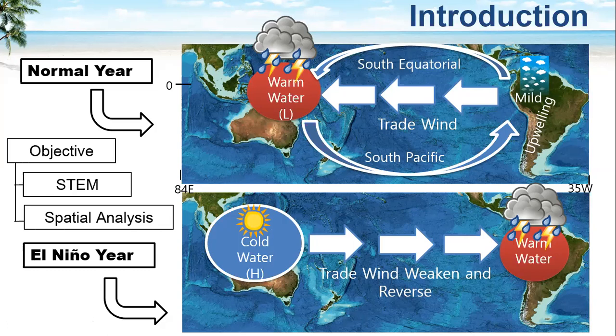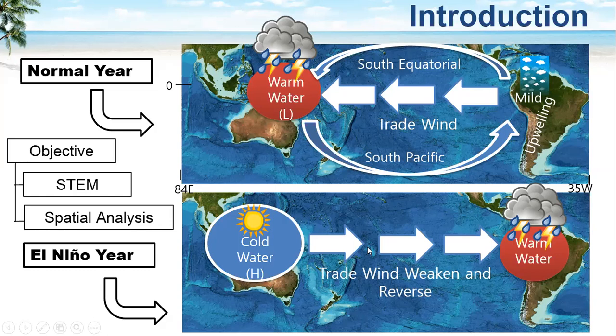When El Nino happens, it reverses. It flows from west to east.